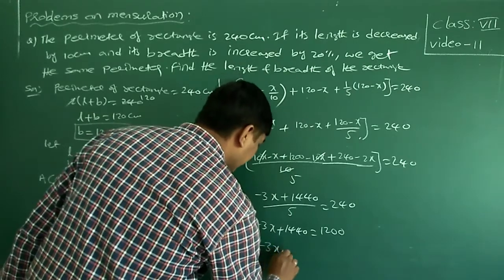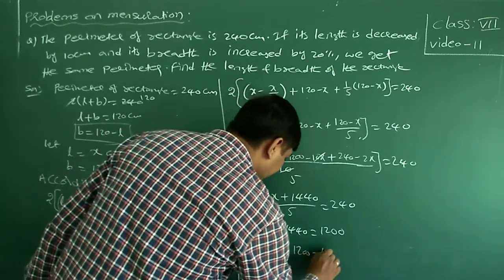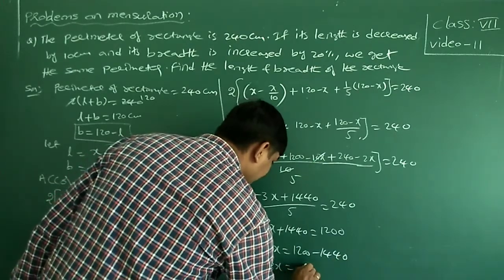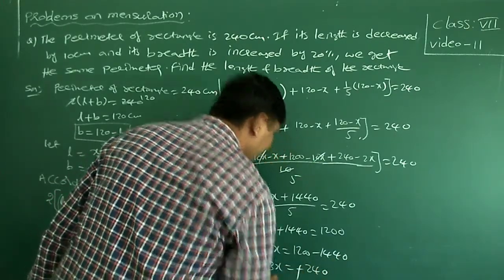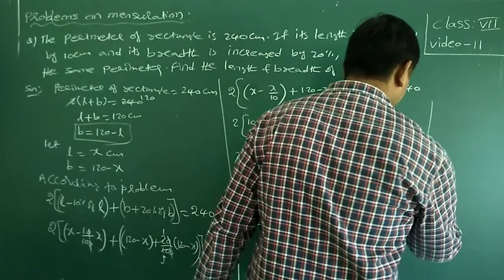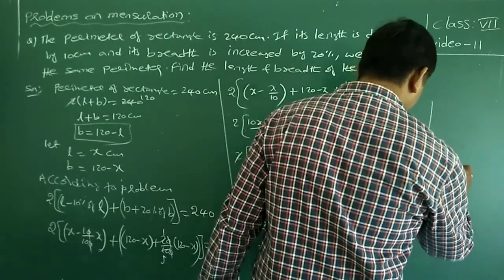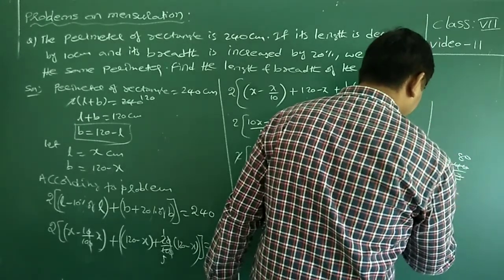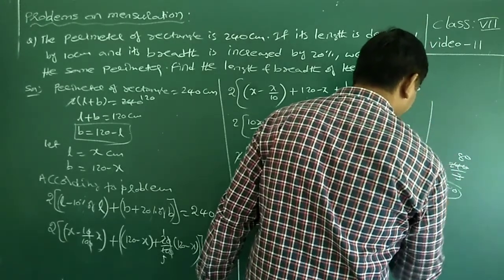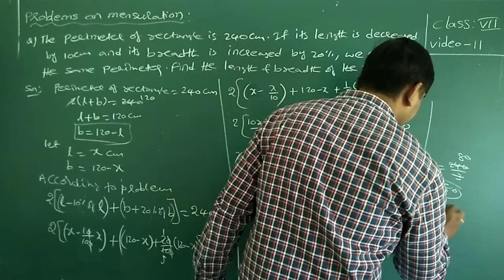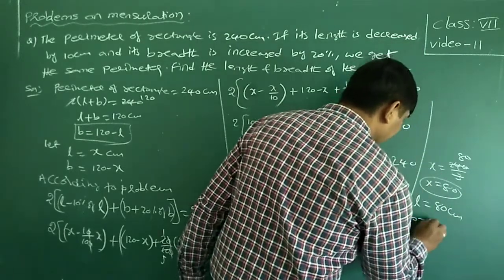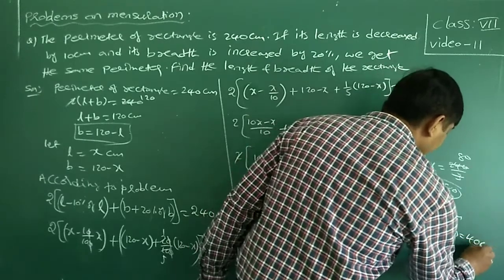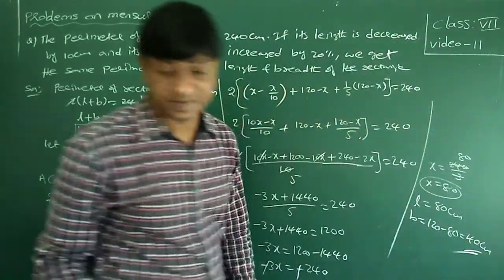Now minus 3x is equal to 1200 minus 1440. Minus 3x is equal to minus 240. Minus minus cancel. x is equal to 240 by 3, x is equal to 80. Length is equal to 80 centimeters. Breadth is equal to 120 minus 80, which is 40 centimeters.